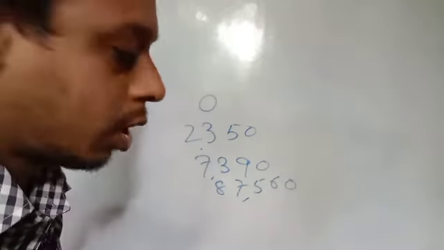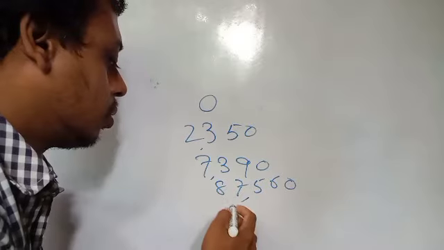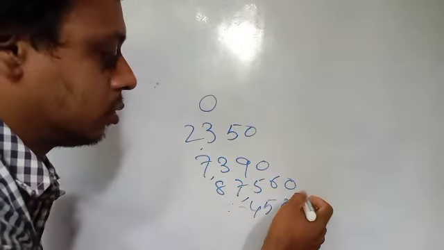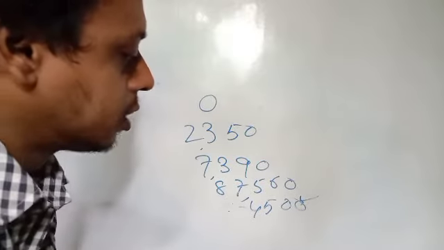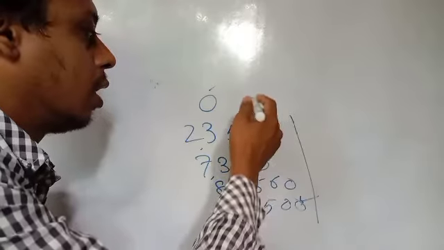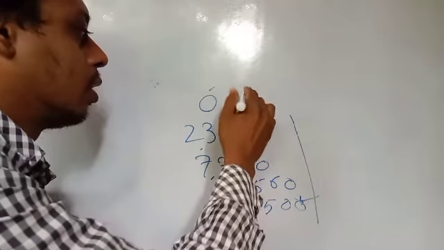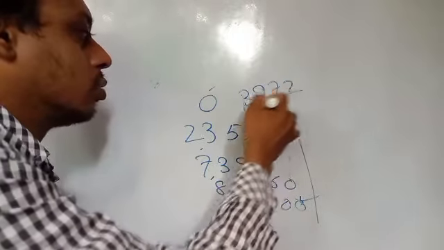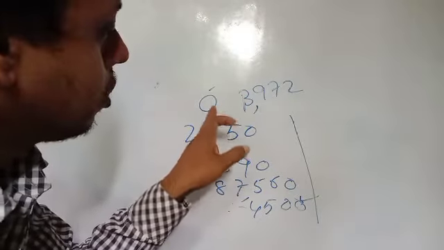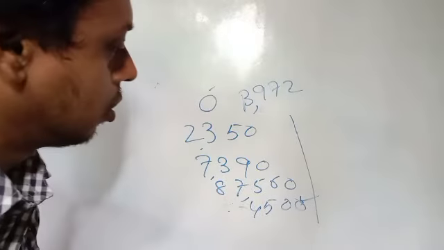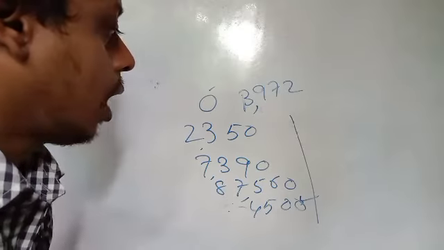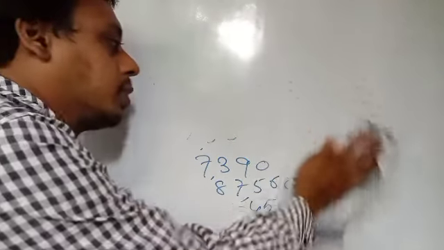If there is 0 in one's place, the number will be divisible by 10. Suppose one number, 3972. This is not divisible by 10. Why? 2 is there. So only 0. If there is only 0 in one's place, then the number will be divisible by 10. Otherwise, the number will not be divisible by 10.